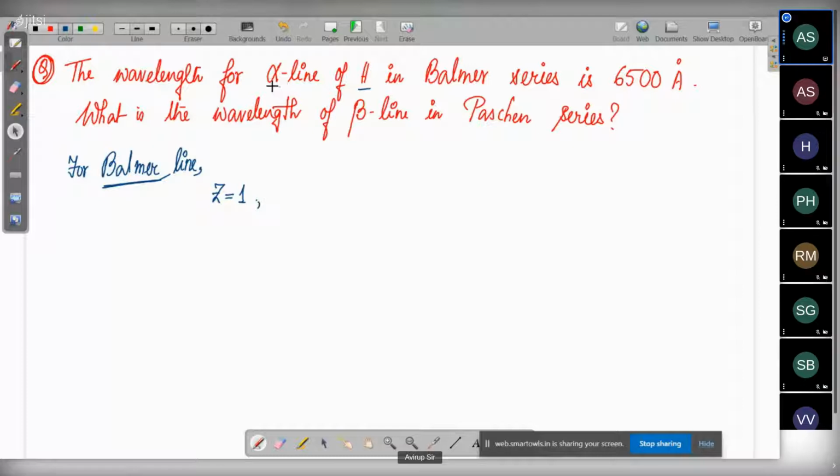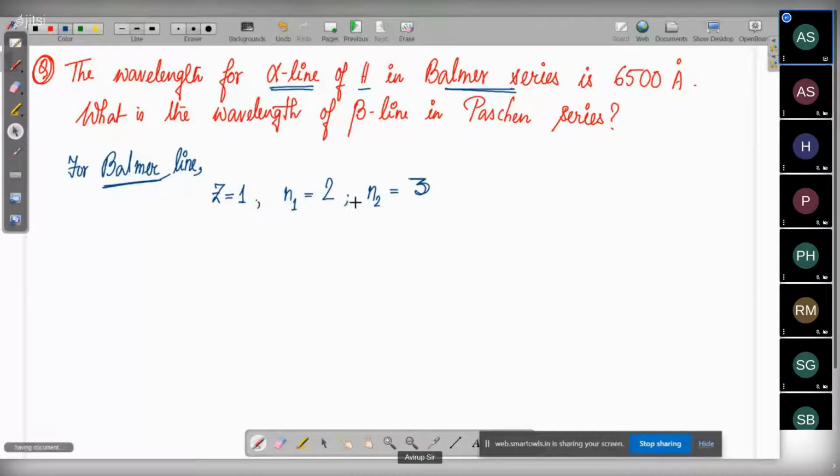Then it is told alpha line. Alpha line means the values of N1 and N2 are also given to us. N1 is 2 because it is Balmer series, and because it is the alpha line of Balmer series, the value of N2 is equal to 3, as we learned in the last class. That is the immediate first line.